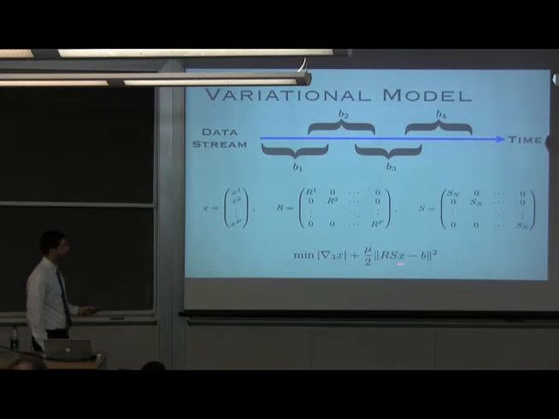And what we get back is a reconstruction problem that looks just like it did for the two-dimensional case, except that now these vectors represent multi-frame quantities. So now instead of a two-dimensional total variation, we have a three-dimensional total variation that acts in space and time. And then we have a compatibility condition that says that the image we reconstruct has to be compatible with the data that we've acquired.